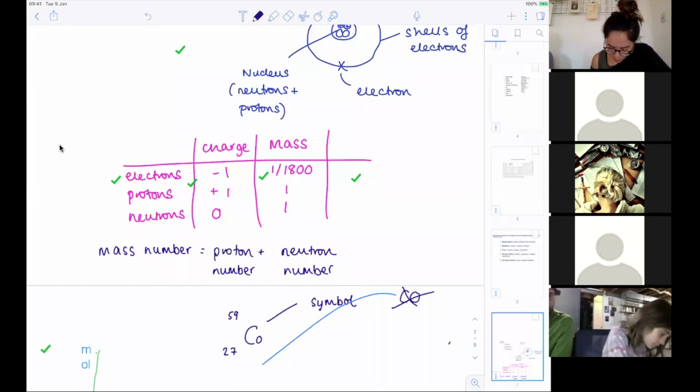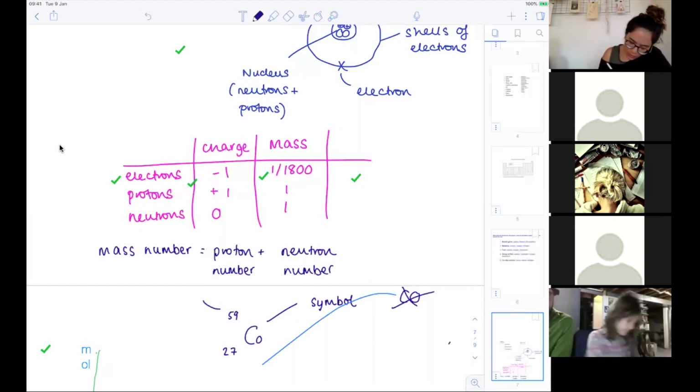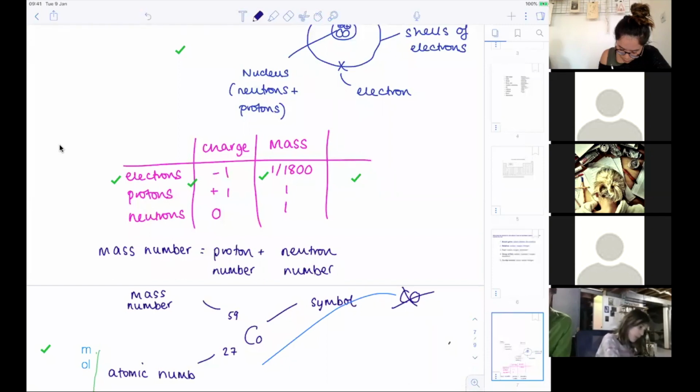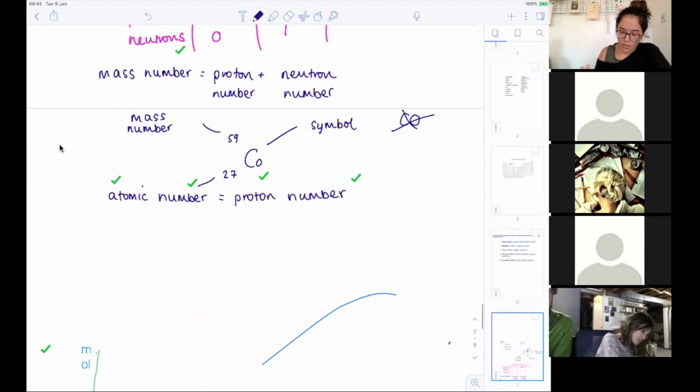Now, next up, the 59 and the 27. The 59 indicates the mass number. The 27 indicates the atomic number, which happens to also equal the proton number. So there's an awful lot of information we can pull out from this simple cobalt situation.